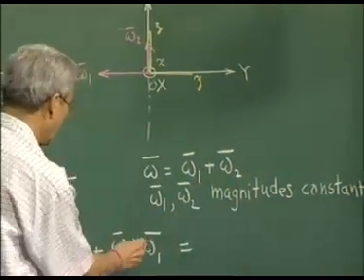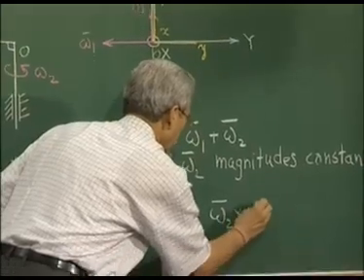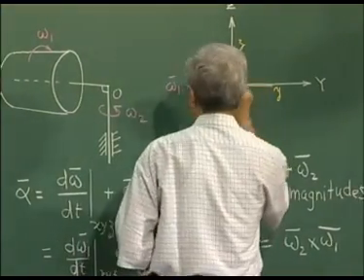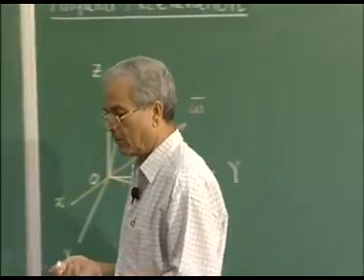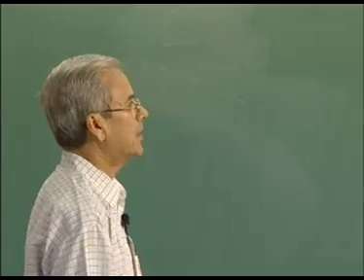Under that condition it will be simply, we can simplify further in this way. We can represent omega 1 and omega 2 in terms of the unit vectors along this. So, unit vector along small x will be i, unit vector along small y direction is j, and unit vector along the small z direction will be k.